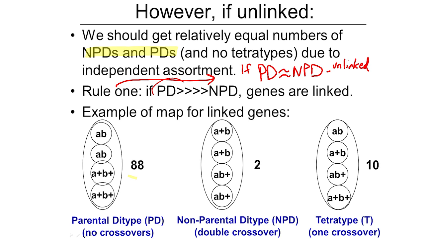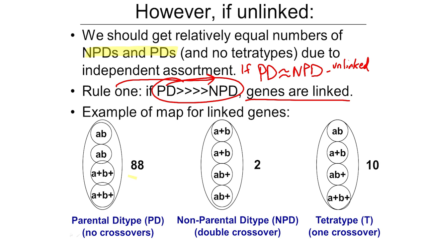However, as I wrote here, if the number of parental ditypes is far greater than the number of NPDs, that's a very, very strong indication that the genes are linked. Because if they're linked, crossing over occurs a certain amount of times, but an NPD occurs from a double crossover, which is even rarer, so you're likely to see a lot fewer NPDs than PDs.